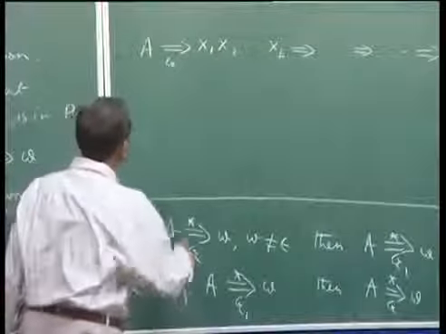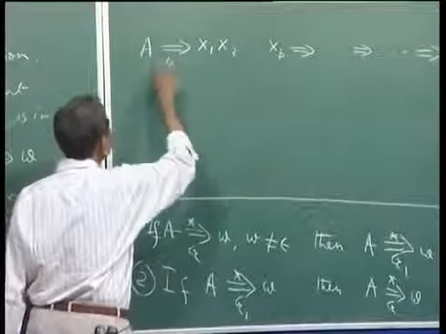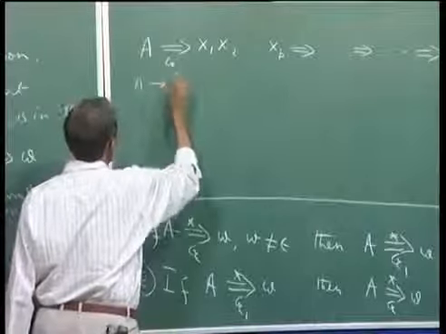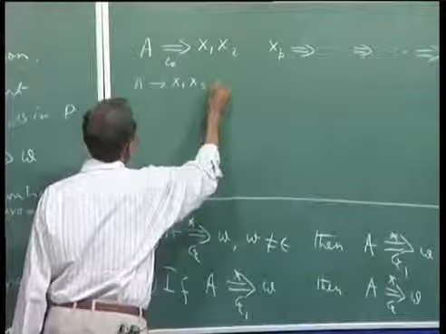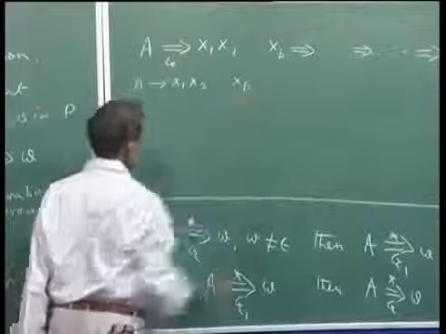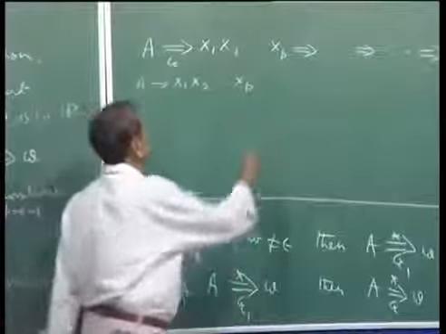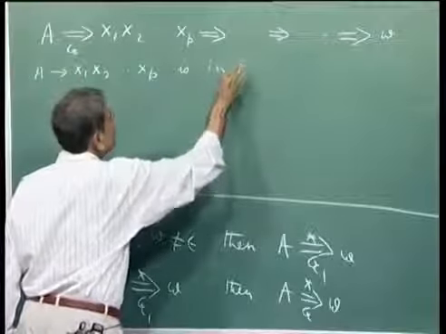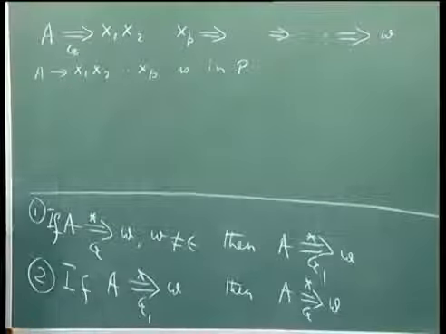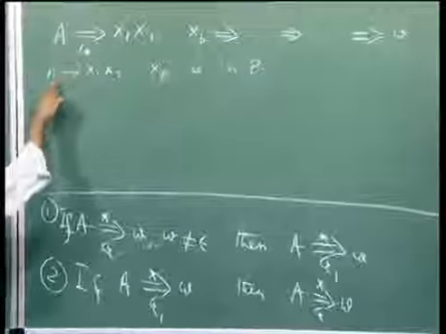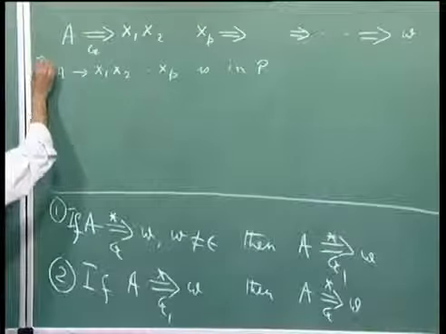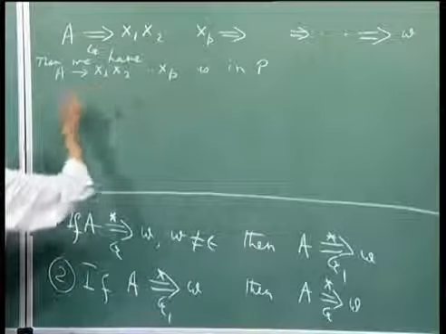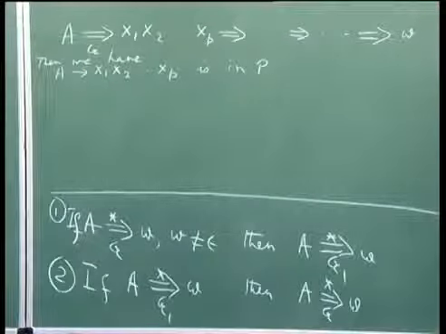You can do this only because A goes to x1, x2, xp is a production in P.